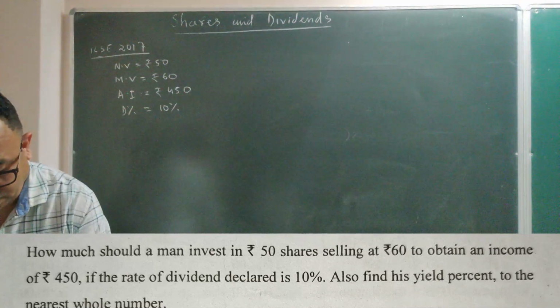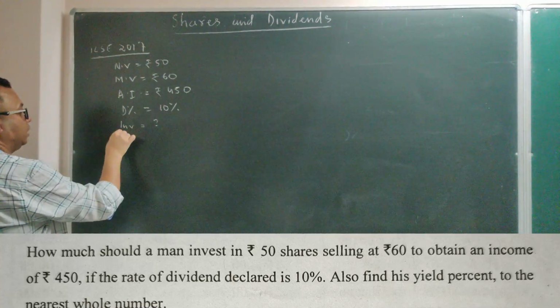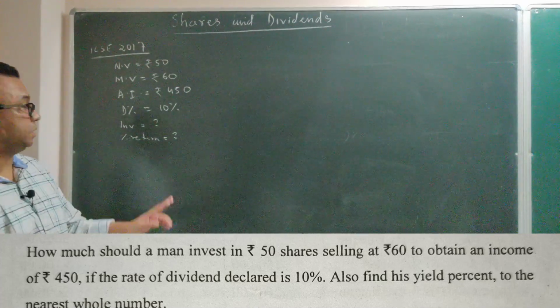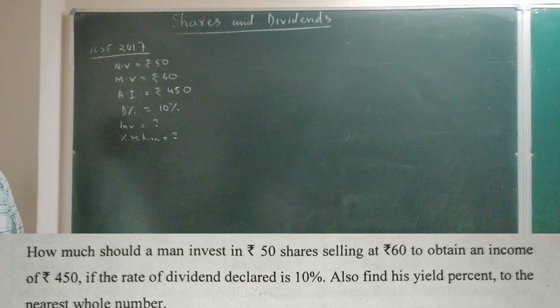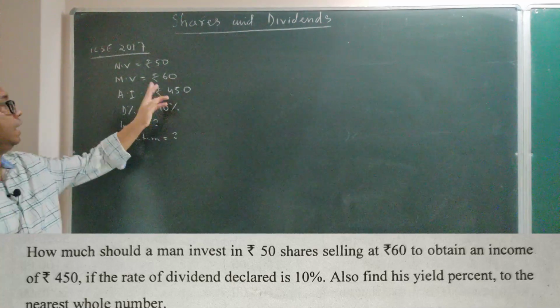That means the question is not only telling you to find investment, the question is also telling you to find percentage return. Two things are asked: percentage return and investment. Nominal value is given, dividend percent is also given, annual income is also given.